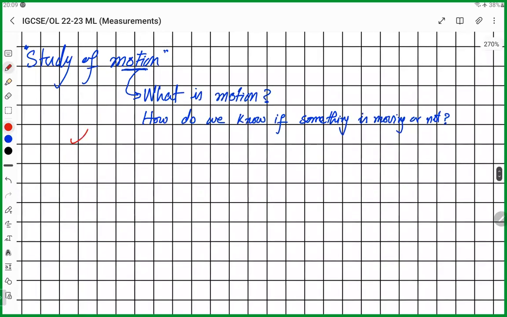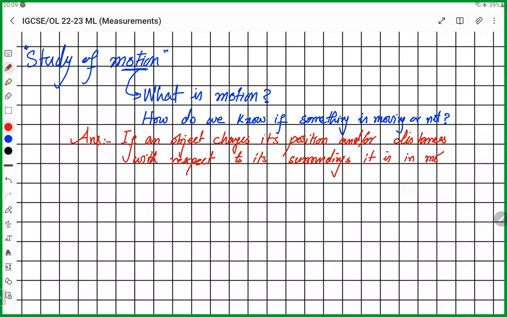So, answer. If an object changes its position and or distances with respect to its surroundings, it is in motion.